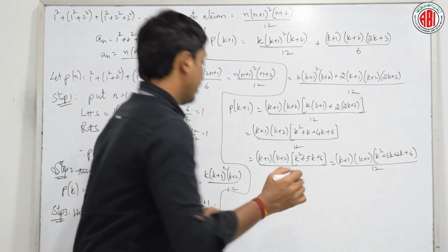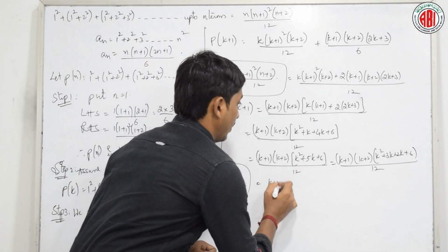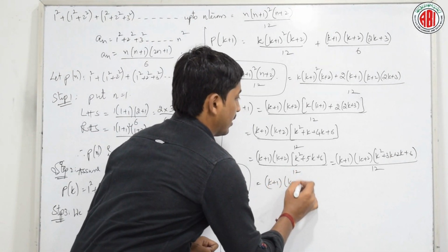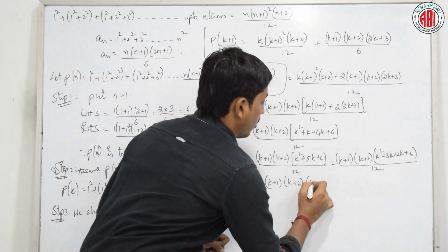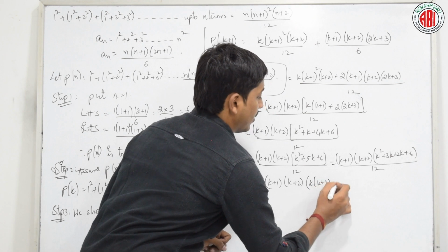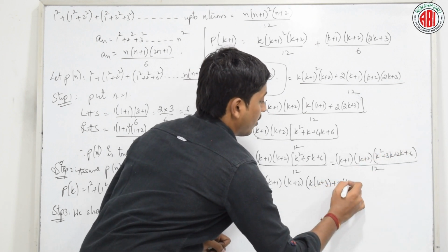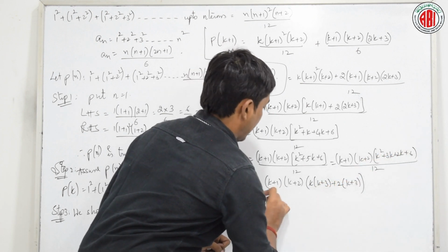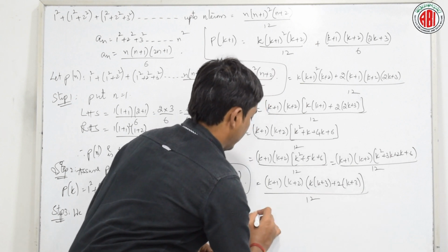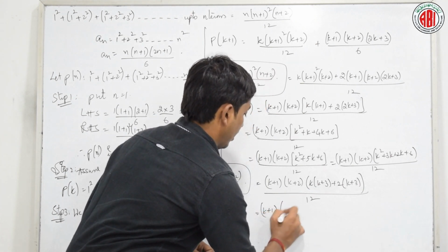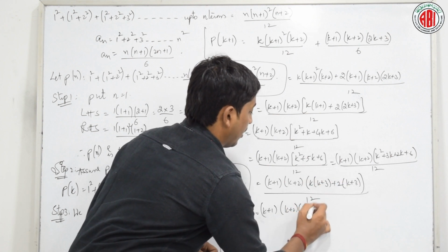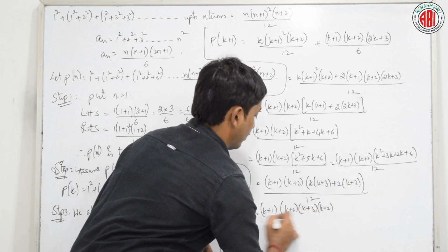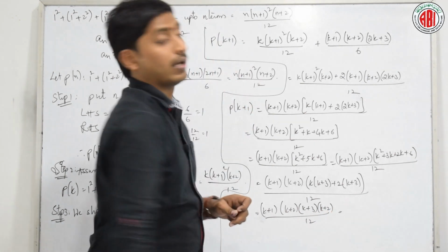Is it fine? That is equal to k plus 1 into k plus 2 into k plus 2 into, let us take k common from the first two terms, I will get it as k plus 3. If I take 2 common from next two terms, I will get it as k plus 3 whole divided by 12. That is equal to k plus 1 into k plus 2 into, here if I take k plus 3 common, I will be left with k plus 2 whole divided by 12.